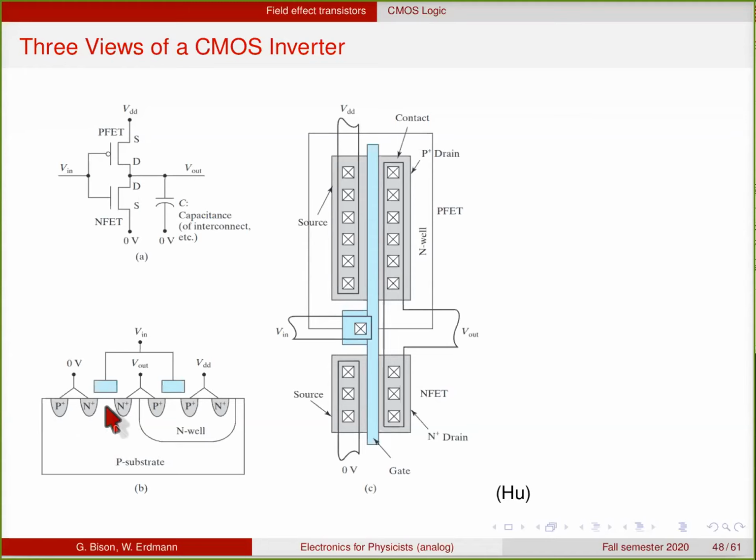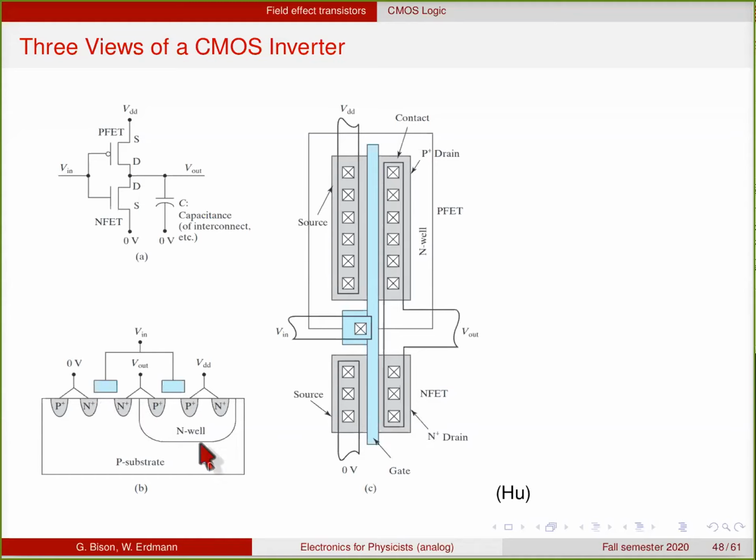You have the N implants for source and drain, and there's also a body contact here. The PFET must be in an N substrate, which is usually done by putting an N well into the P substrate and then making the implants for the transistor here. Sorry, make two P implants inside the N well to form your P transistor. And this here symbolizes the metal gate across the channel of these.